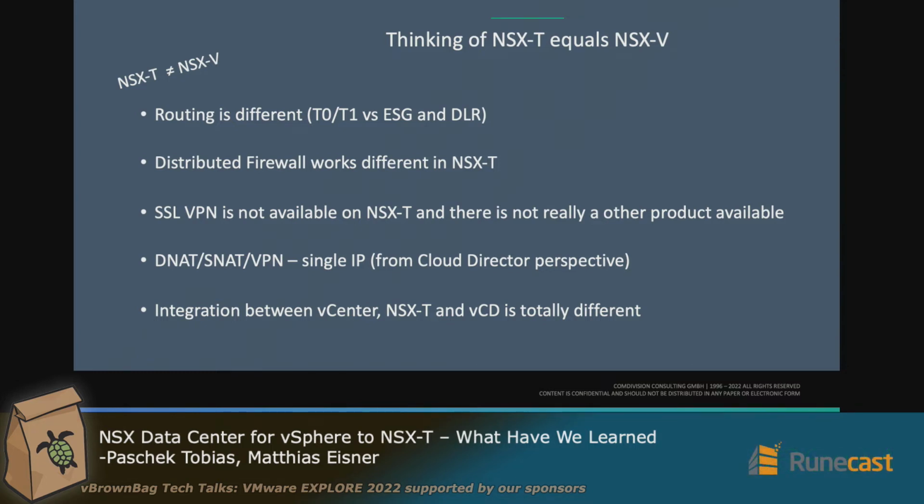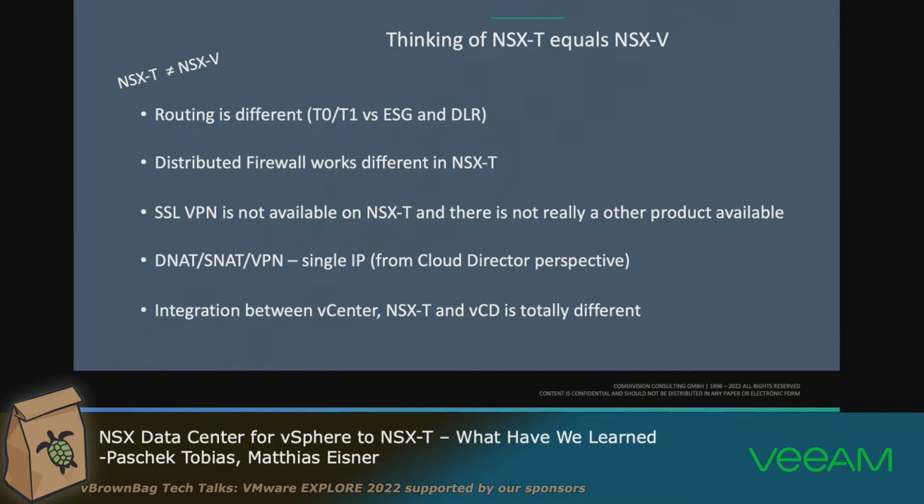The second thing is the distributed firewall. All of us who are still running NSX V know that we can use the distributed firewall, but we can also use the edge service gateway firewall for firewalling between two customer networks. That's gone, because it does not work in NSX T in this way.